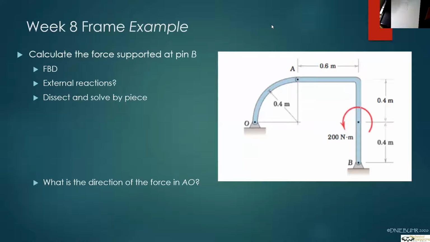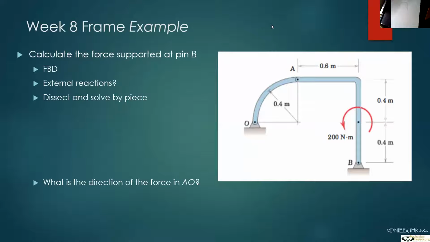That's how you solve frames consistently, and you'll see that in the examples in the lecture and in the couple examples I'll do here. Since both pins O and B have an X and a Y reaction, and they're not at the same height, we really can't solve. They're indeterminate at this point.